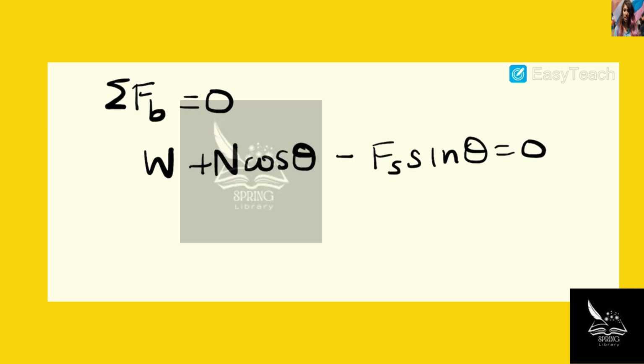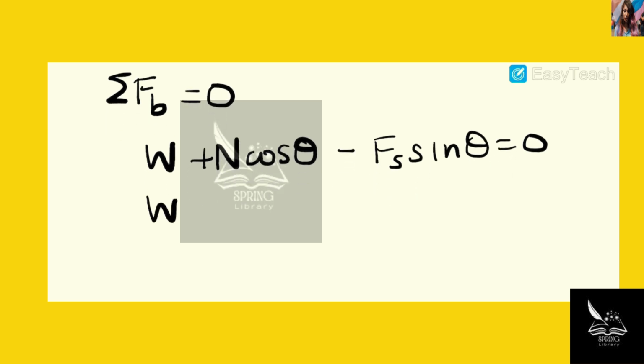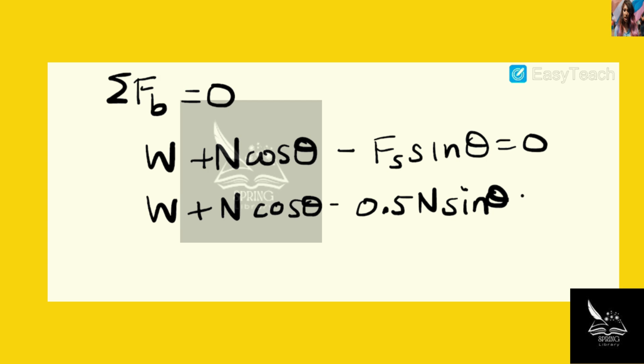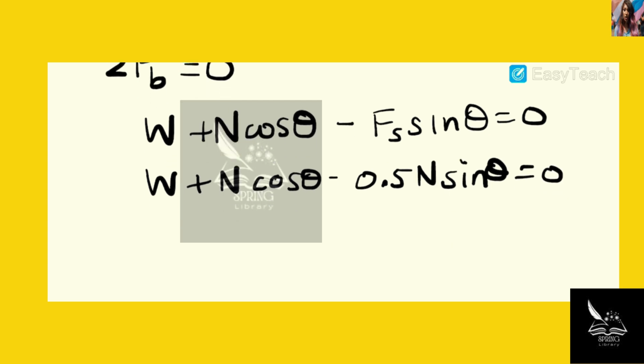We know that the static friction force is equal to 0.5 times n, so we can say that this is w plus n cos theta minus 0.5 n sine theta, and that's equal to 0.